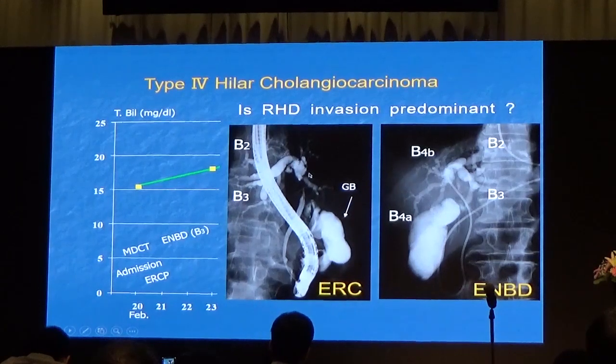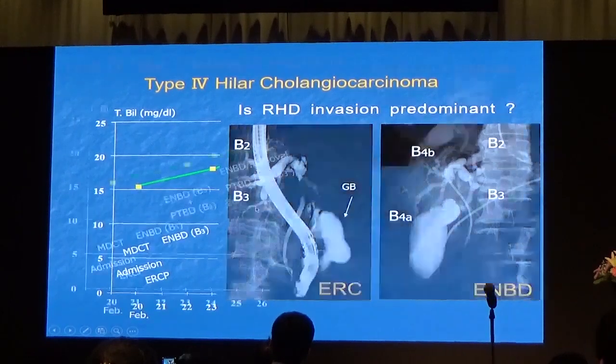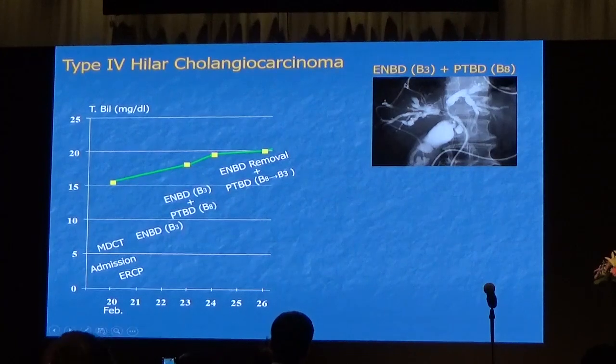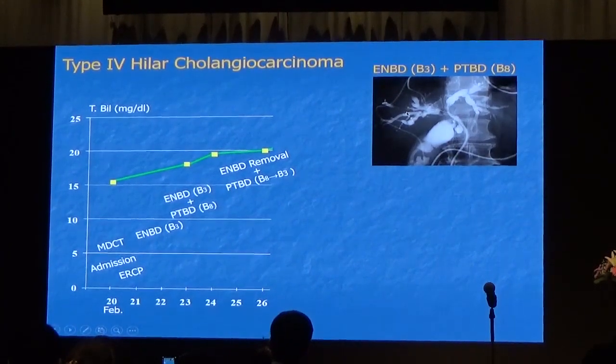ENBD was introduced in the segment 3 duct. Here you see the ENBD in segment 3. But serum bilirubin level increased after ENBD. Then PTBD was carried out from the right. And here you see ENBD in segment 3 and PTBD in segment 8.